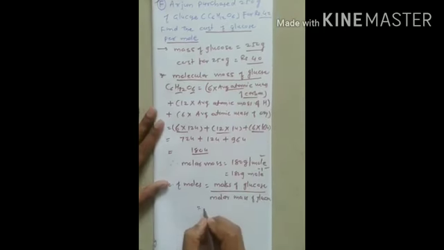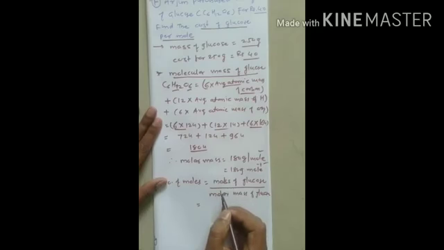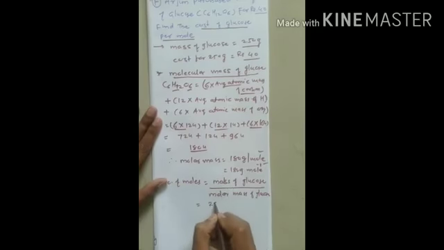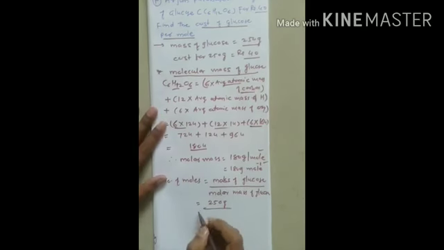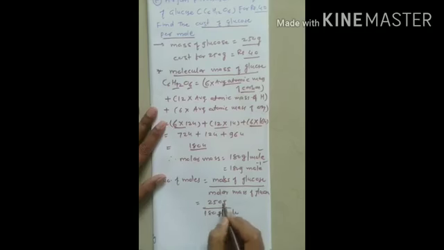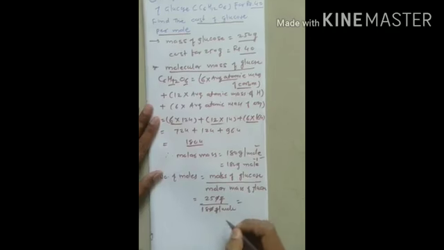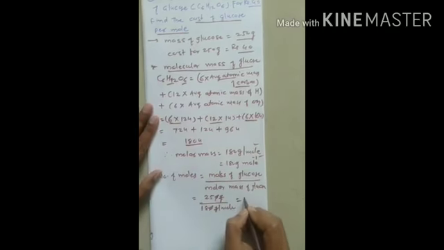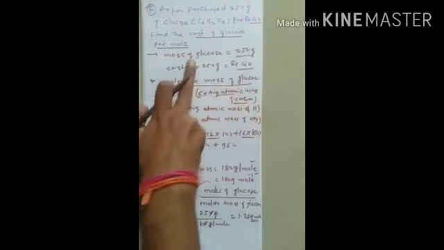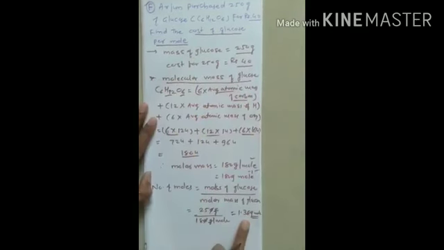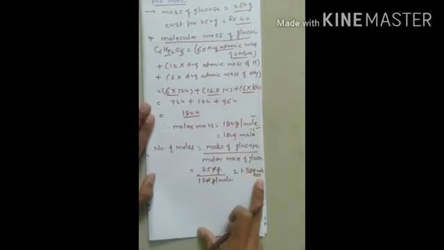The mass of glucose is already given in your question, 250 gram, and the molar mass we calculated here, 180 gram per mole. The gram gets cancelled out, and if you simplify it, you will get the precise answer as 1.389 mole. That means 250 gram of glucose contains 1.389 moles.